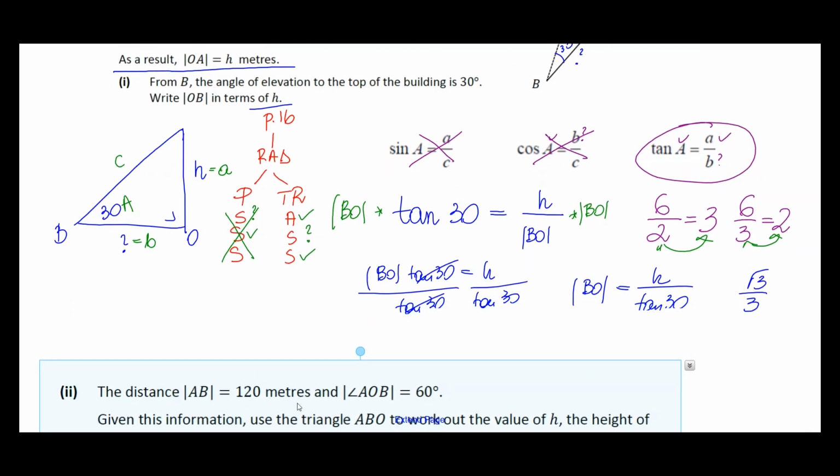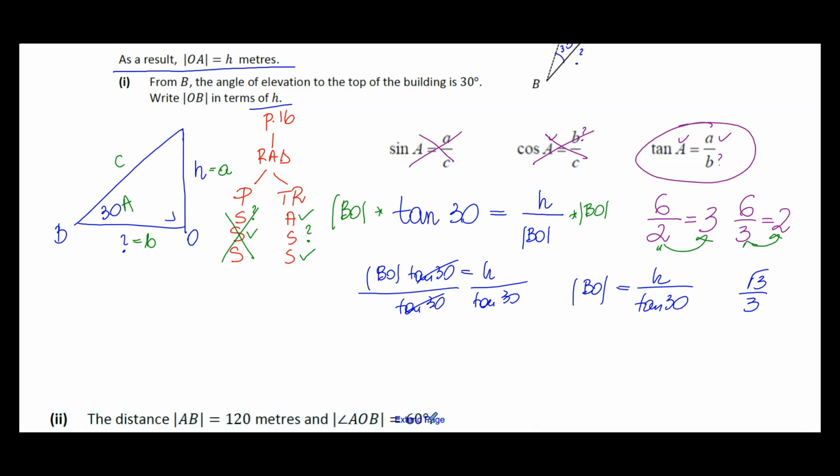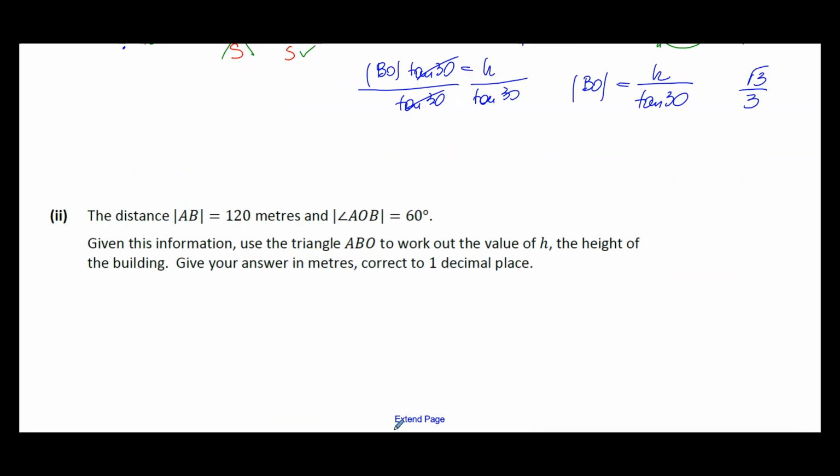Let's just move that part a little bit lower. So I have H divided by square root of 3 over 3. So that means H is multiplied by 3 over square root of 3, isn't it? So that means that BO is equal to H times 3 over square root of 3. Yeah, so that's what it means.